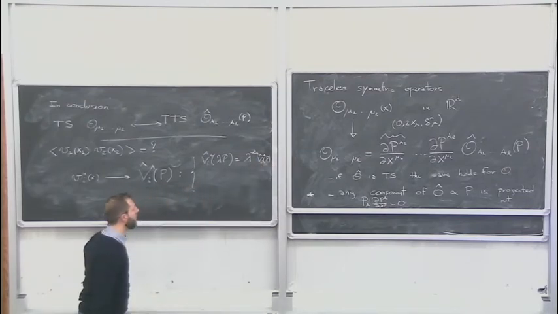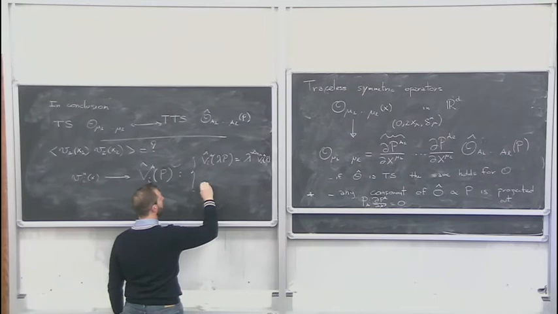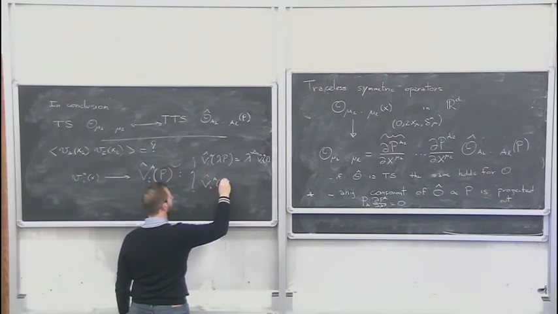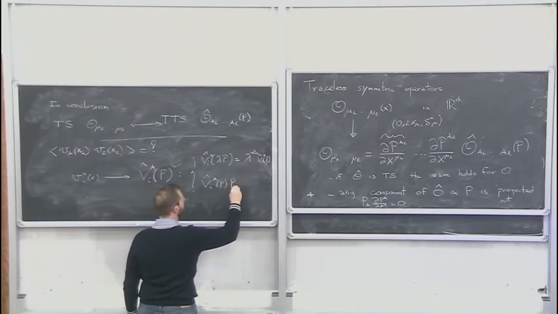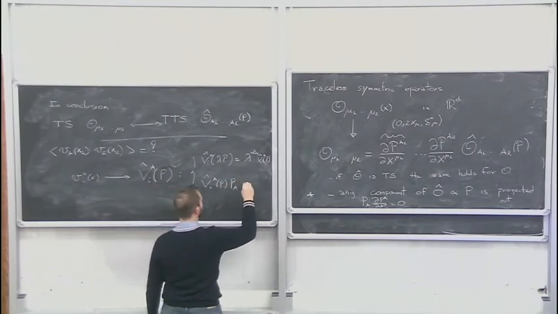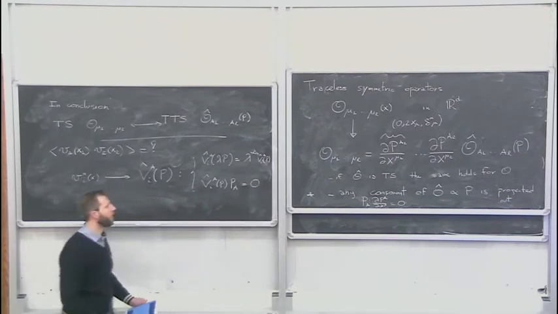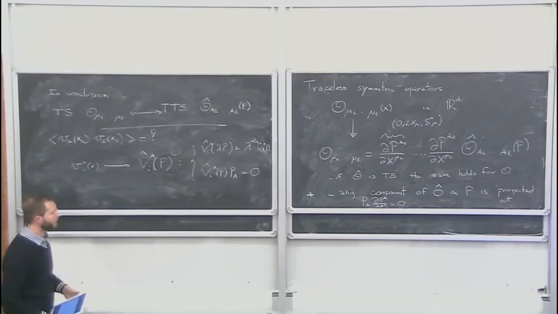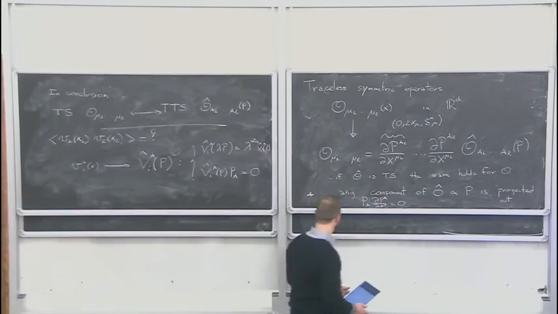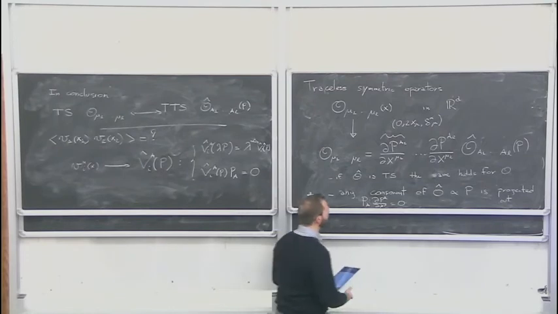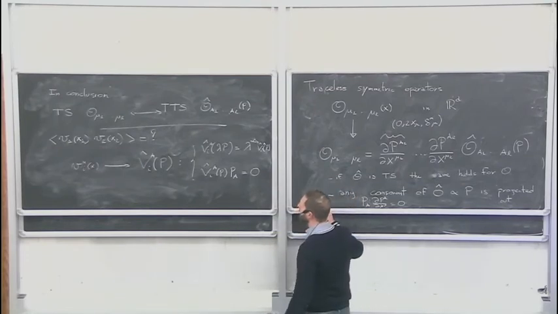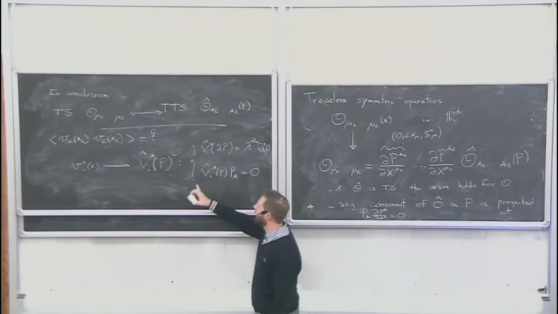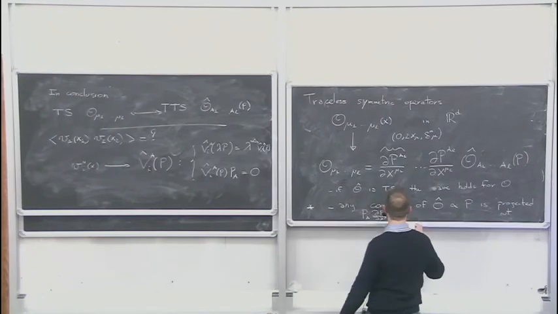And it also has to be transverse. If I contract v hat a of p with p^a, it must give me 0, according to the identification that we made. Now we can ask, in the embedding space, what is the most general form of correlation function of two such v's that obeys all these conditions?